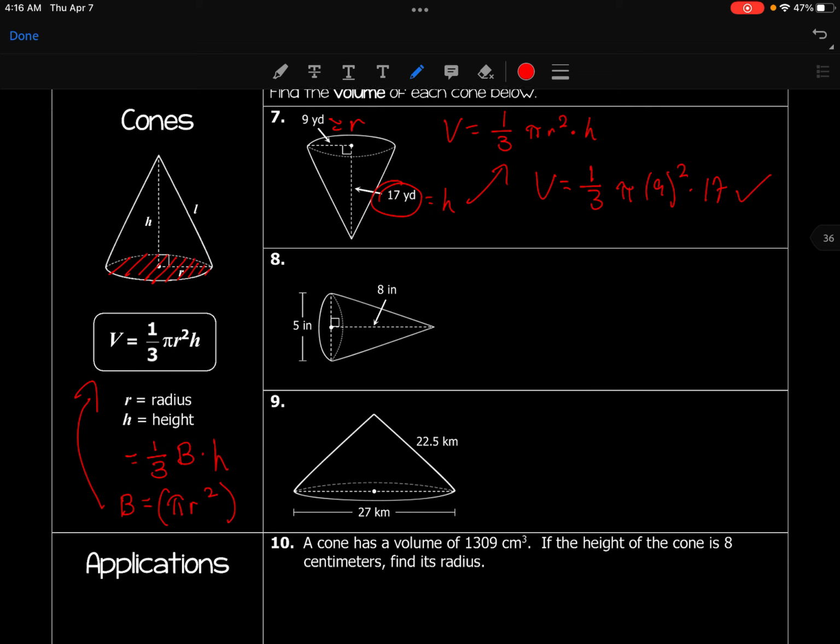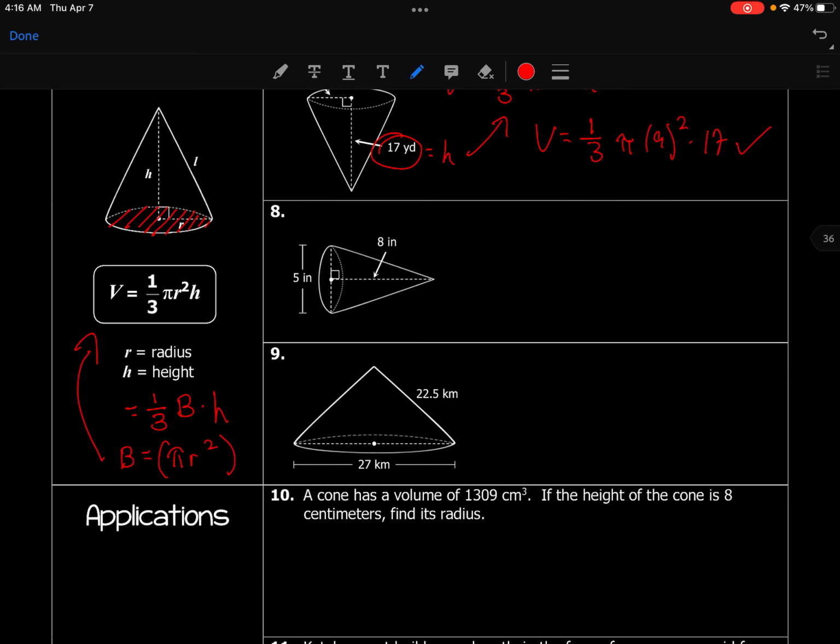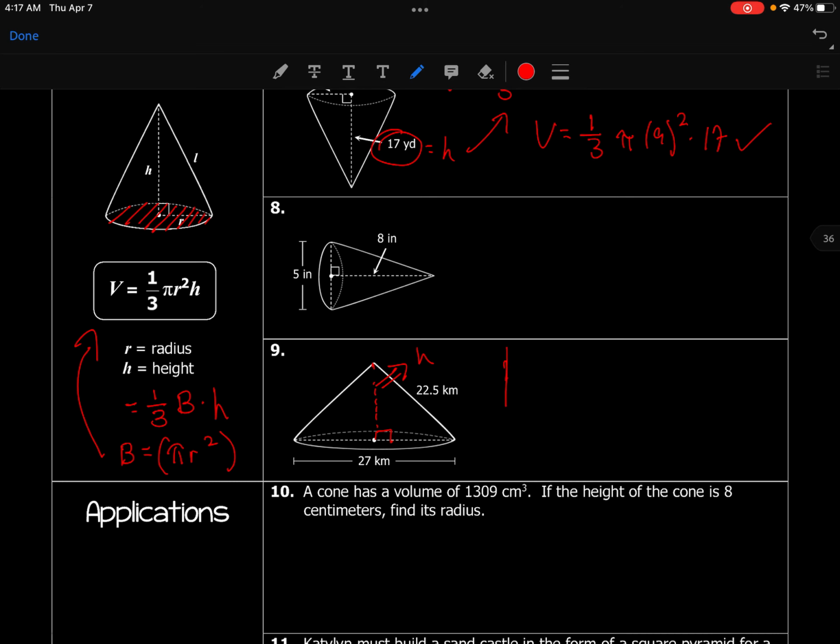Now, here is a hint for number 9. For number 9, you are not given the height. However, you can make a right triangle within the cone, where the right triangle looks like the hypotenuse is 22.5, half the length of the base is 13.5.